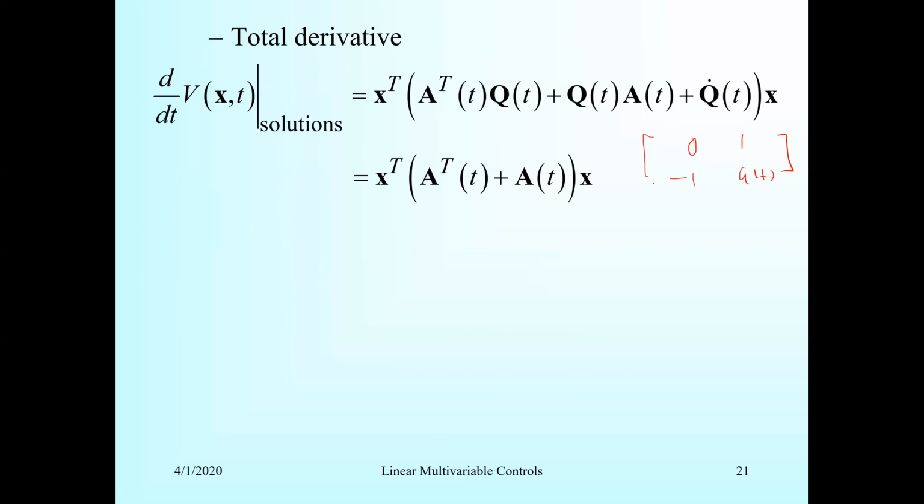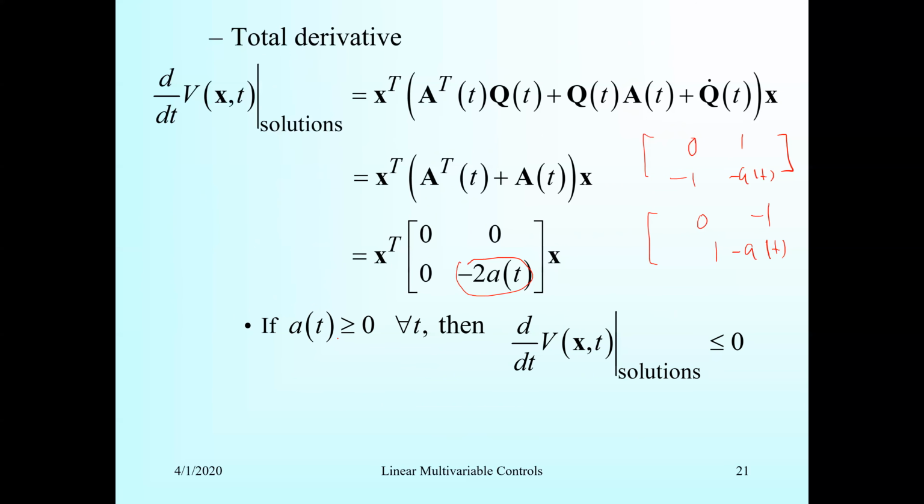So A transpose is 0, A(t). You have a minus 1, 1 here. So you add them, what you have left is 0, 0, and sorry, you have a 2A left over, okay, in here.